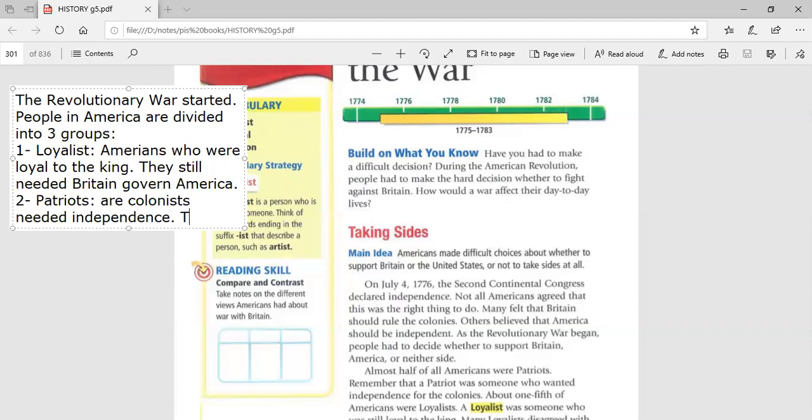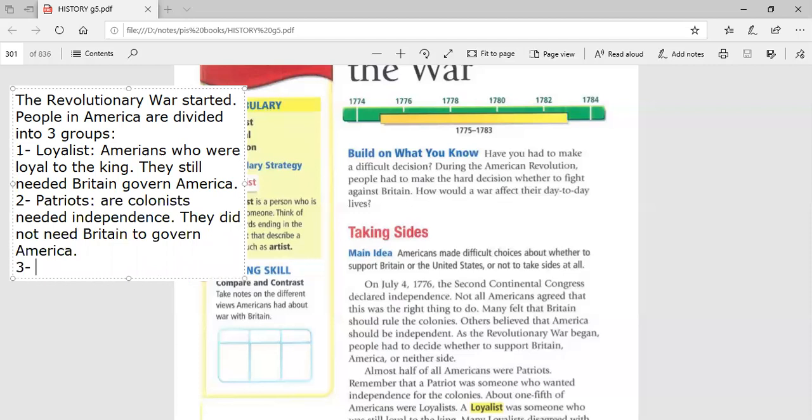They didn't need Britain to govern America. This is the second group.